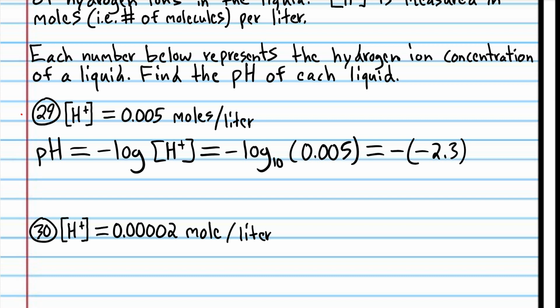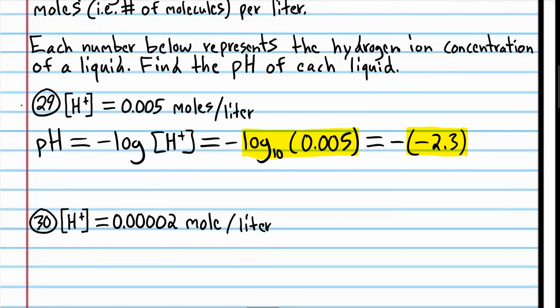I'm just going to round off to negative 2.3. So the logarithm became that number there, but because it's a double negative, it becomes positive 2.3, and that is the answer. Now, pH has no units.